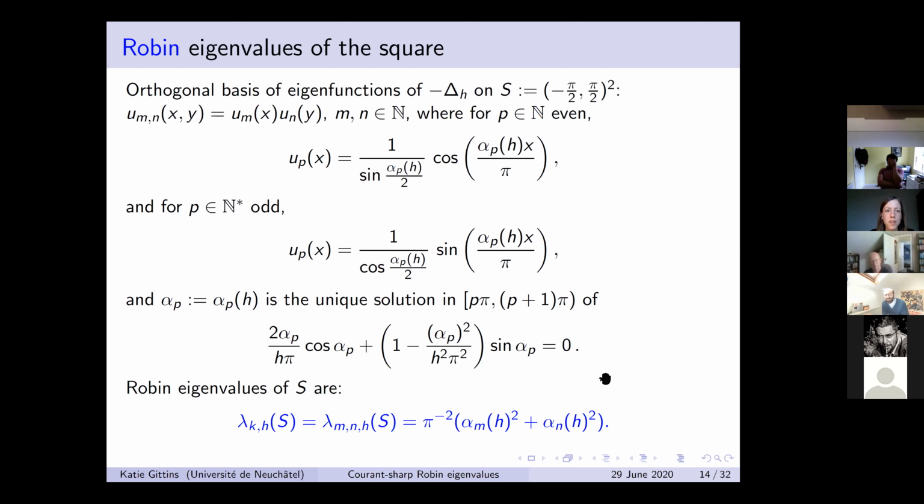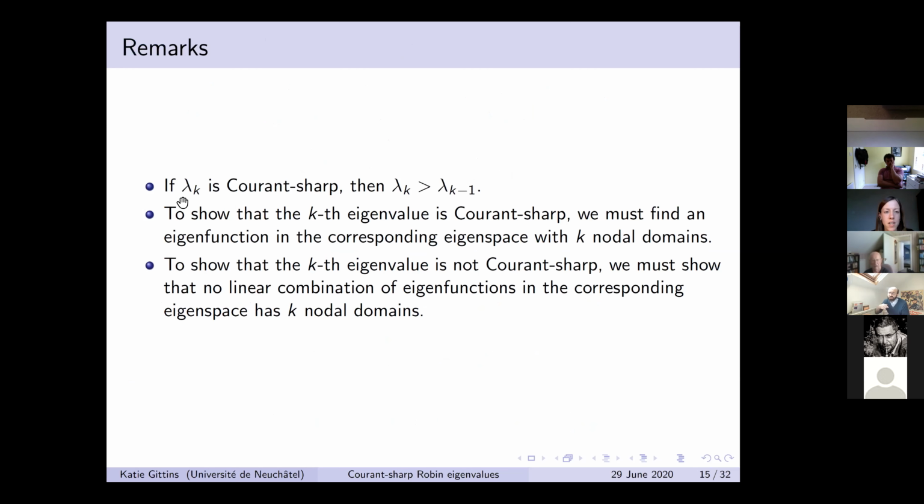Okay, so we're interested in which of the Robin eigenvalues of the square are Courant-sharp when h is positive. And to determine that, I should make some remarks. So the first one is that if my kth eigenvalue is Courant-sharp, then lambda_k is larger than lambda_{k-1}. Otherwise I would contradict Courant's theorem.